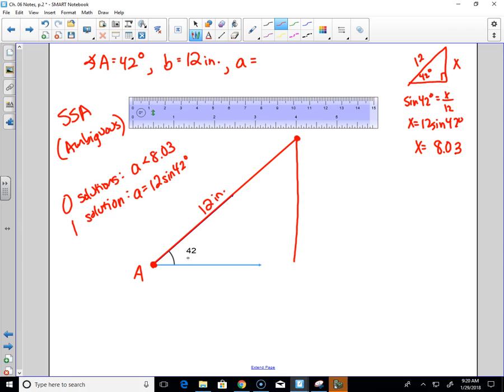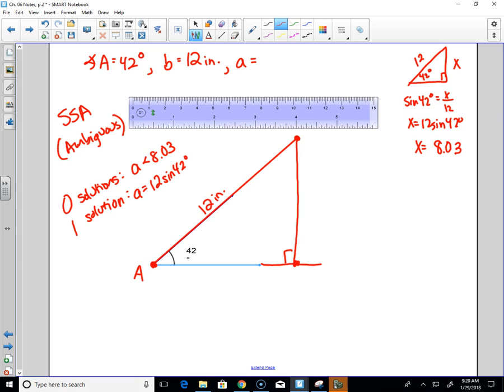Is there any other way to make a triangle than just to connect it right here where it skims? Can I tilt that stick at all and have it still make a triangle? No. So if it is that 12 sine of 42, that 8.029, there's only one way that's going to connect. It skims, it hits right here at a 90 degree.